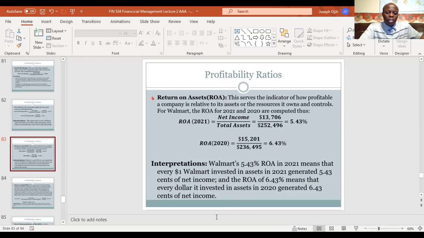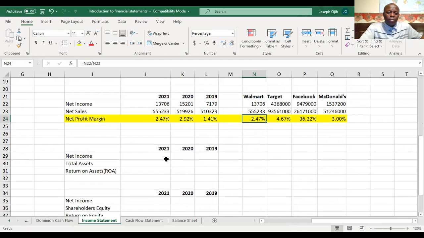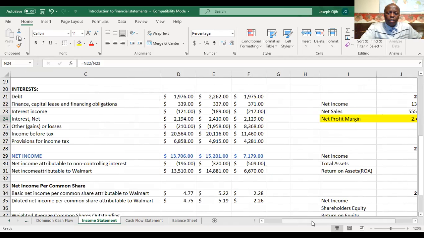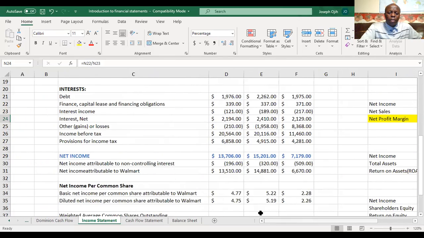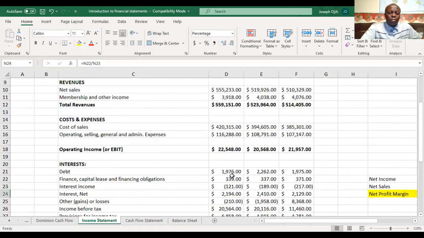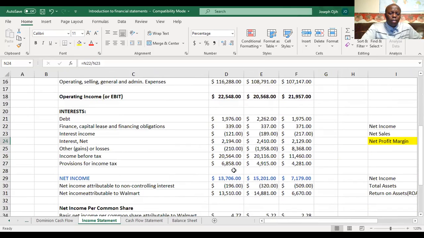We'll go back to the financial statement of the company. From this company, Walmart, we have the net income for various years. Net income is right here.